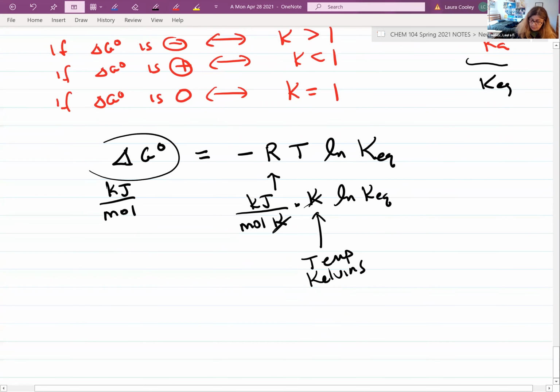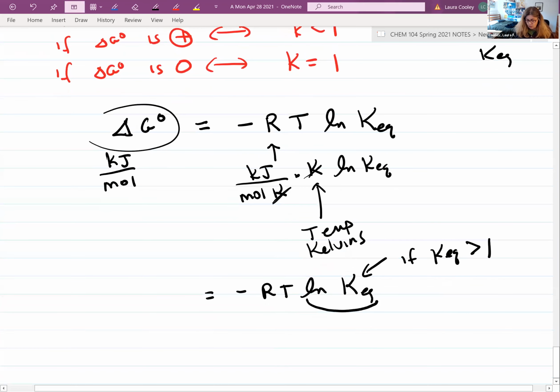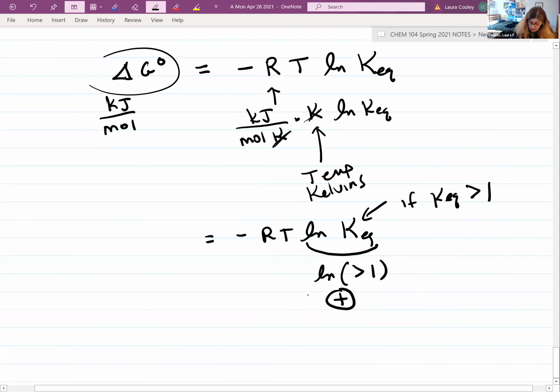So if you think about this relationship, if this K is greater than 1, then we have the log of something that's greater than 1. The log of something greater than 1 is always positive. Temperature is always positive.